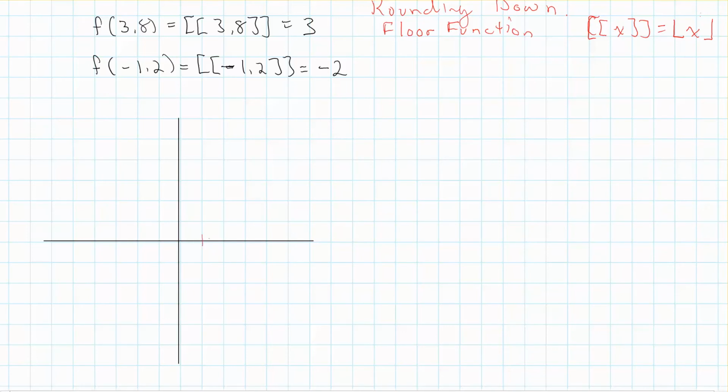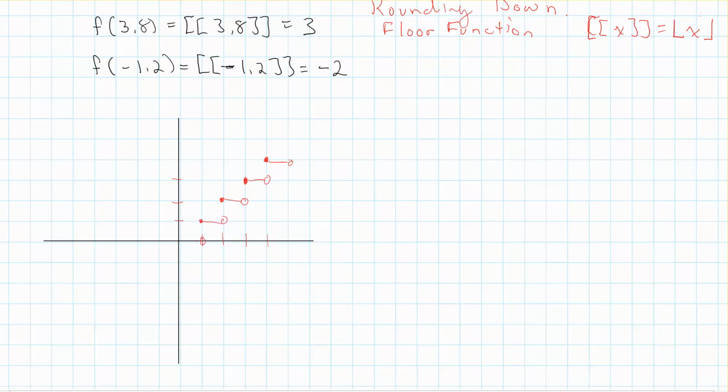So 1, 2, 3, 4. So if we have 3, well, there's nothing to round down, so 3 would just be at 3. And then we said all the, like 3.8 and everything, all of those round down to 3 until you get up to 4. Now at 4, we would jump up to the number 4 and have the same kind of thing.